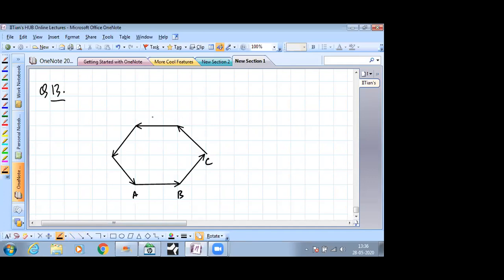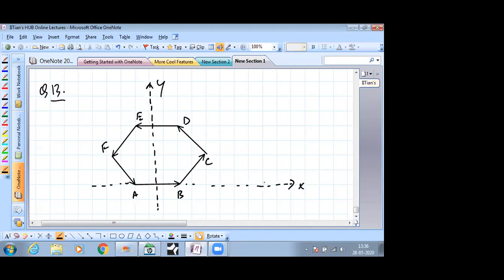The corner points are like this. And you should consider this as your x-axis and this as your y-axis.